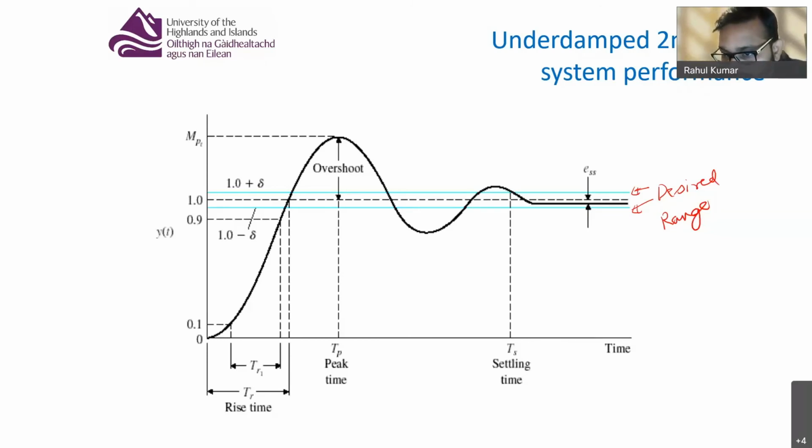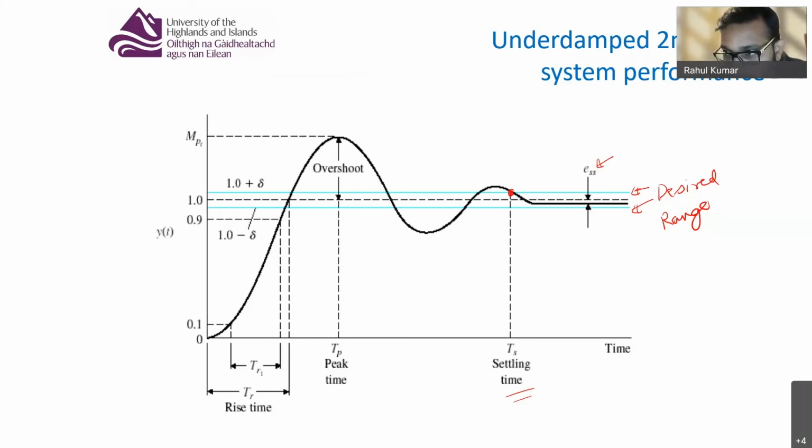After this time, my response or my output stays within the desired range. That time after which my output stays within the desired range is called the settling time. And of course, you will have some steady state error. That is the difference between your actual output and your desired output.